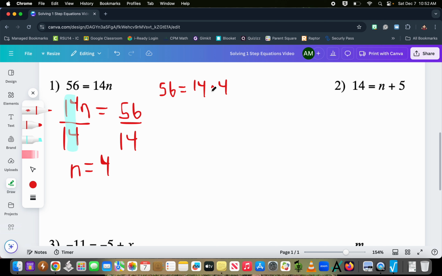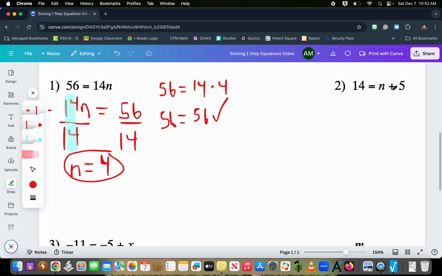Meaning, is 14 times 4 equal to 56? In this case, 56 equals 56. So we know our answer to be true. So n equals 4.